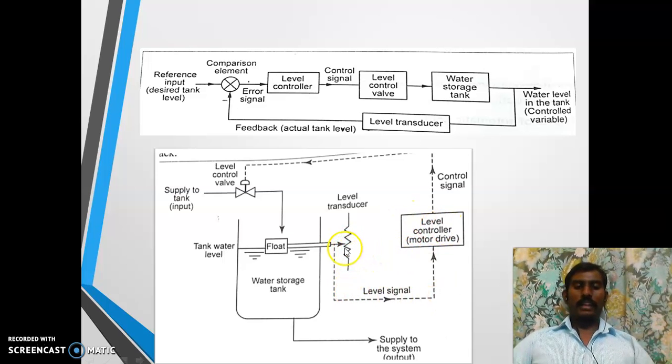If the required level has been attained, the level transducer gives the signal that the required level has been attained. The level controller converts that level signal into a control signal and sends it to the level control valve. So the valve is automatically shut down and cuts the water supply into the tank.